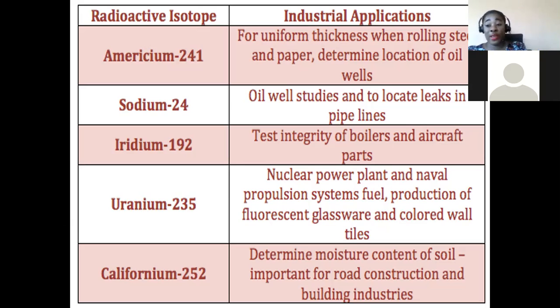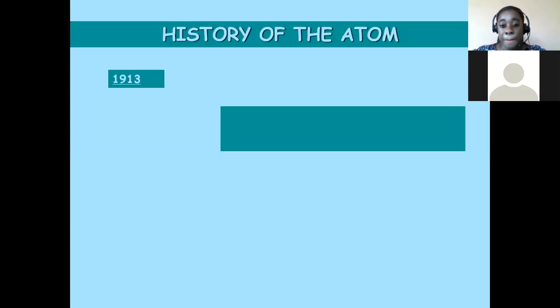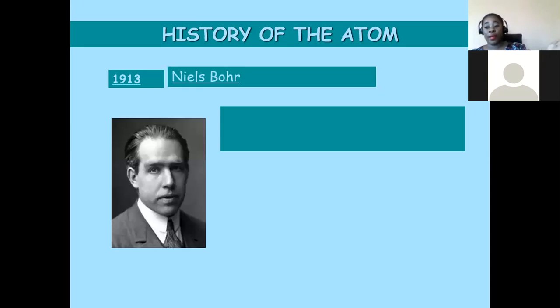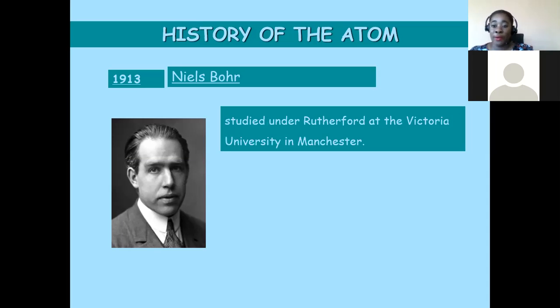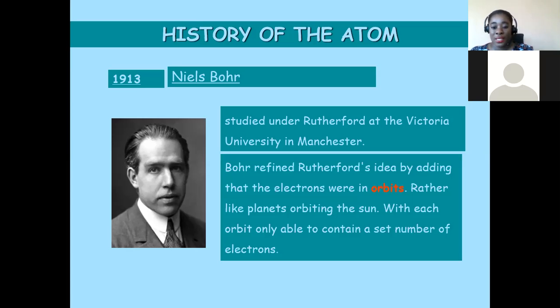Awesome. Thank you. So what you're realizing is that isotopes are very important to us in everyday life. We use them. All right. Yes, miss. History of the atom again. Niels Bohr, he did some work on that. He studied under Rutherford at the Victoria University of Manchester.